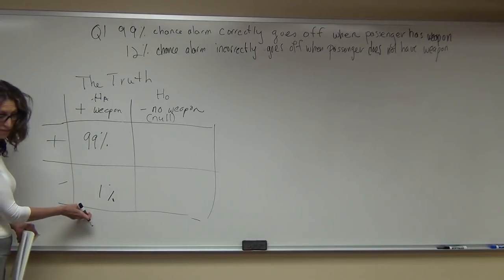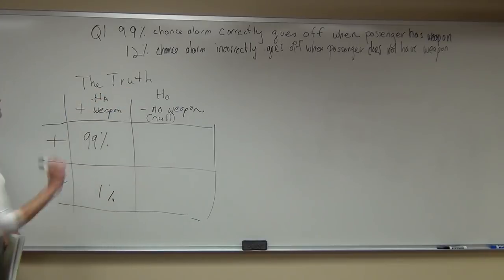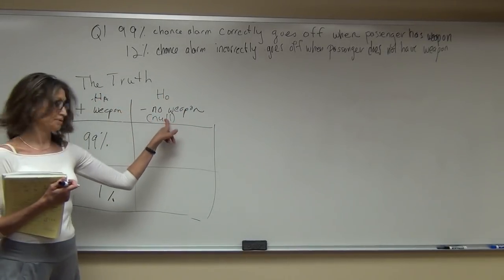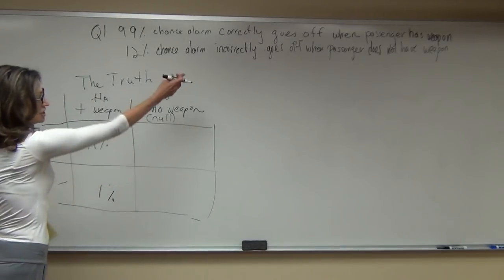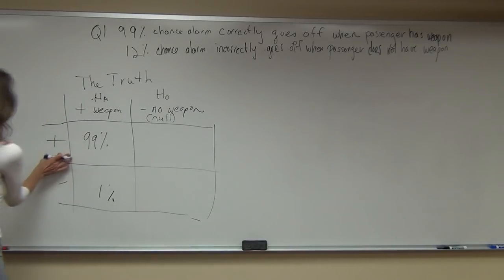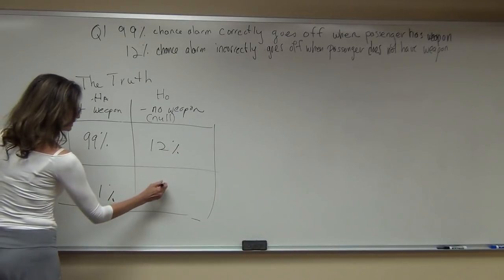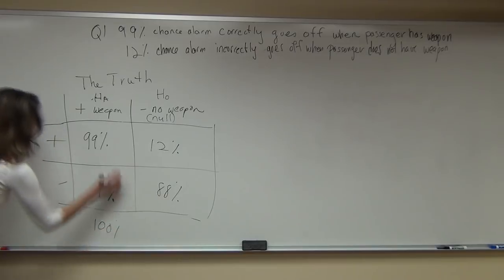And then over here, there's a 12% chance when the passenger has no weapon, under the null, that you'll make a mistake and decide positive for weapon. So there's 12% here, which means 88% here, because the columns here are the truth.